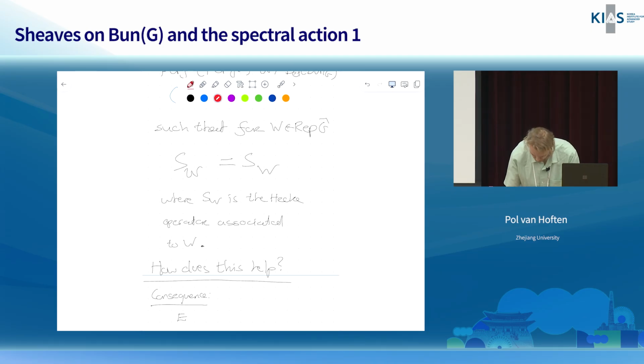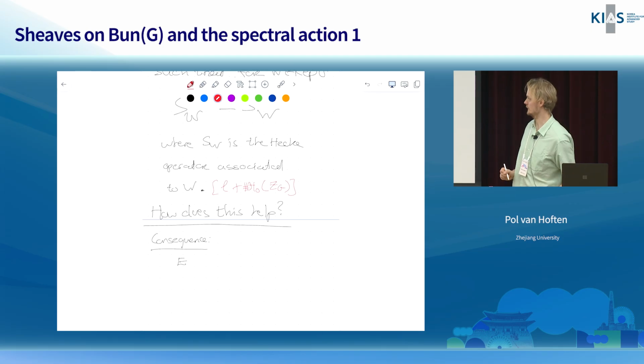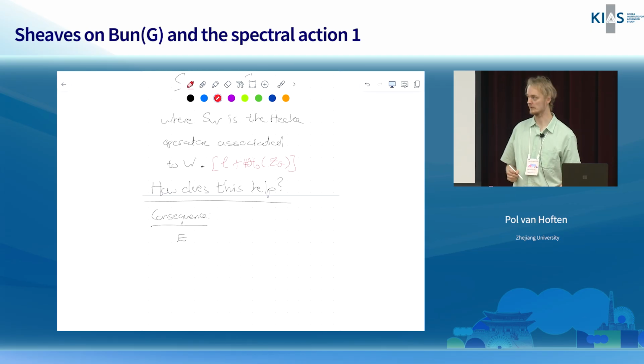So L should be coprime to the order of the identity component of the center of G. So when L is 2, I'm excluding many groups, Sp_2n and SO_2n, etc. But most L's are fine. Okay, so consequence, so what was I saying?